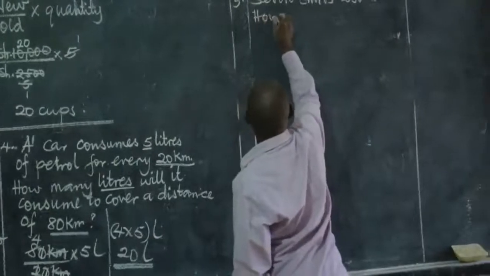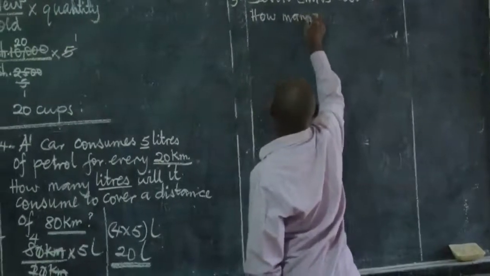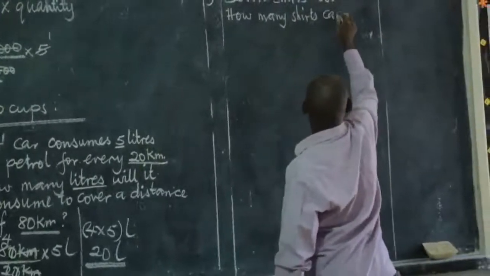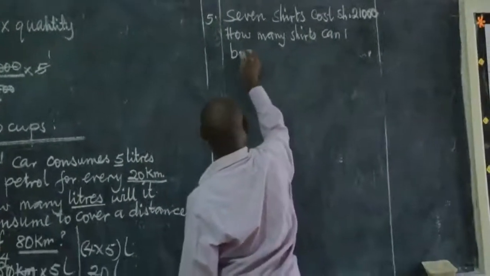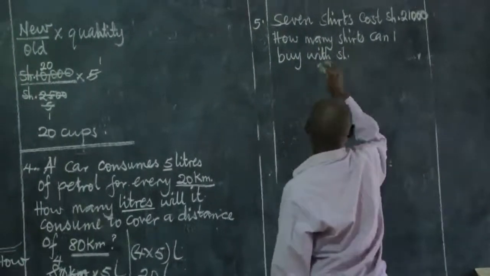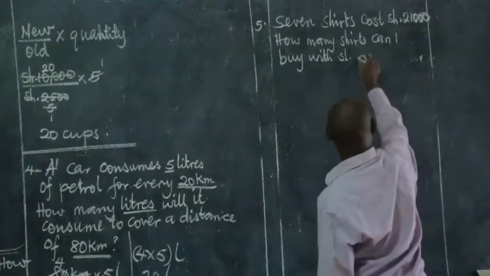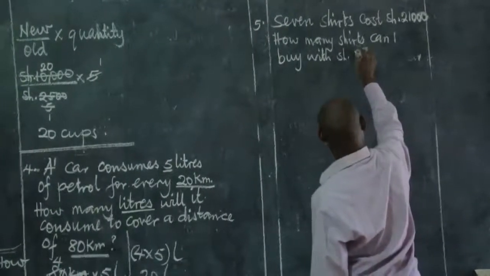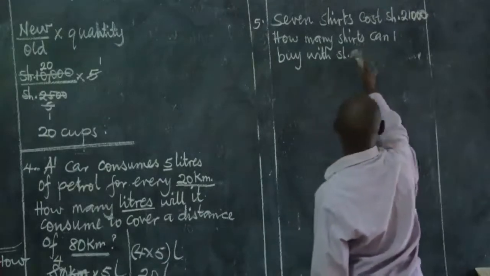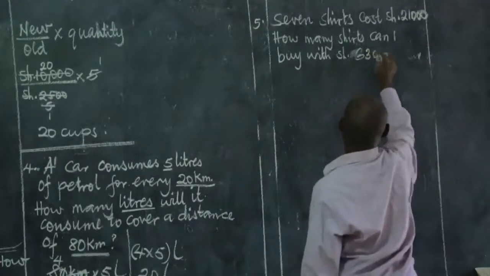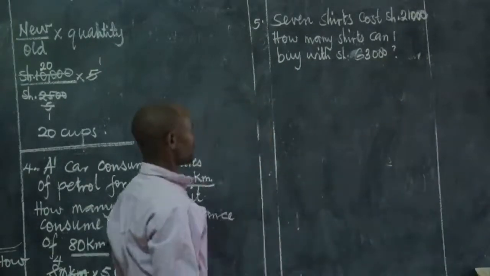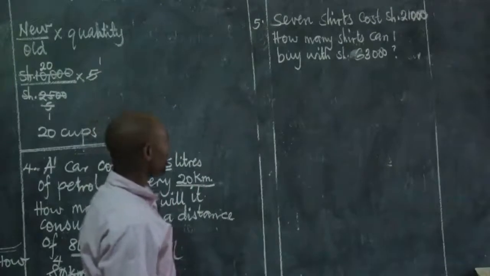How many shots can I buy with how much money? 63,000 shillings. 7 shots cost 21,000 shillings.